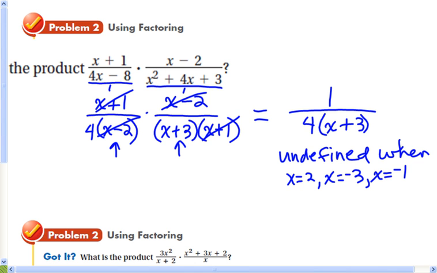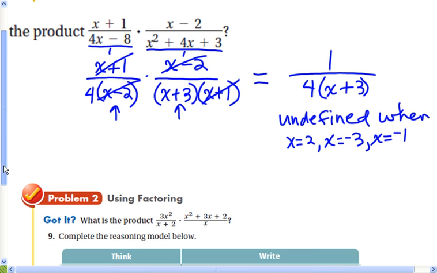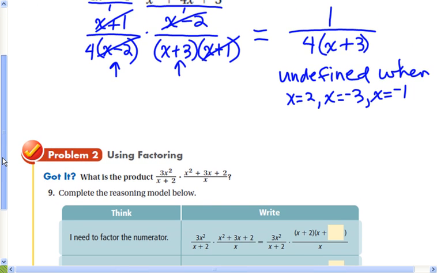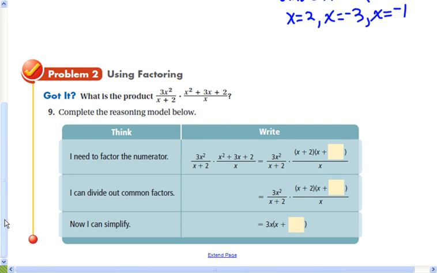I think that's enough of pointing out where it's undefined. From now on, I'm not going to point that out, but just always remember you can't divide by 0. Go ahead and try this problem. You can check back with the answer.